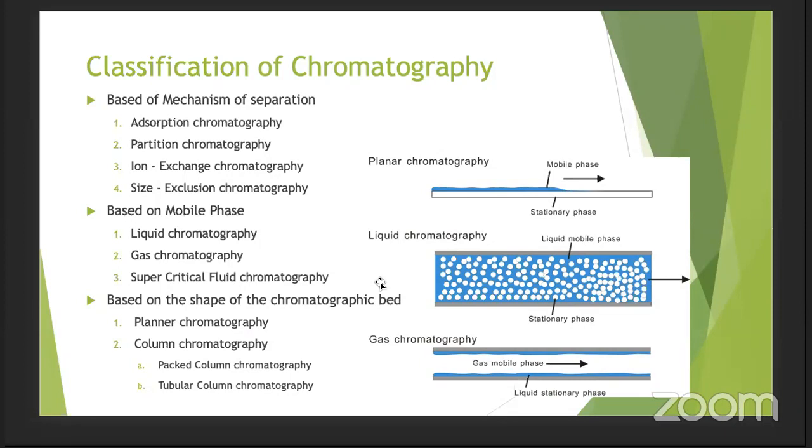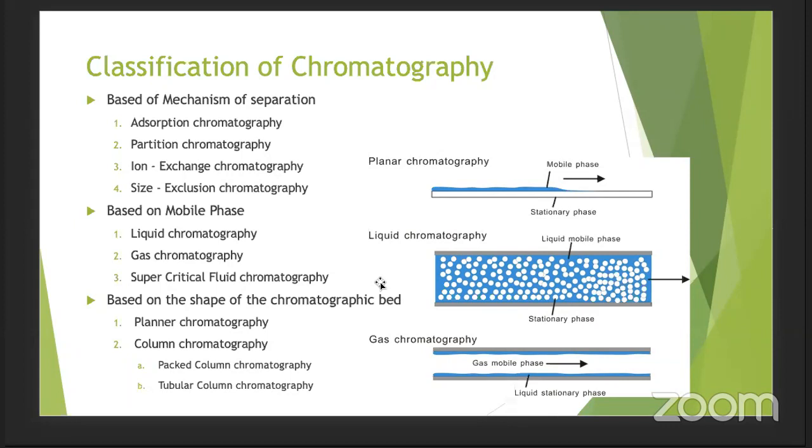Now, if we go further, chromatography can also be classified on the basis of stationary phase. The stationary phase can be solid and it can also be liquid. Depending upon how the resin is present, it could be planar or column chromatography.